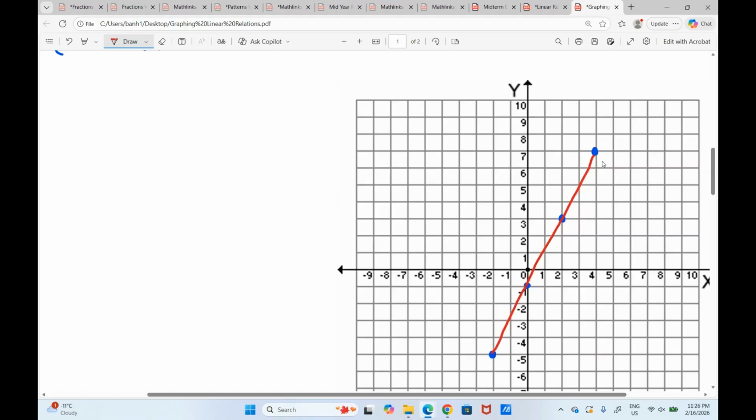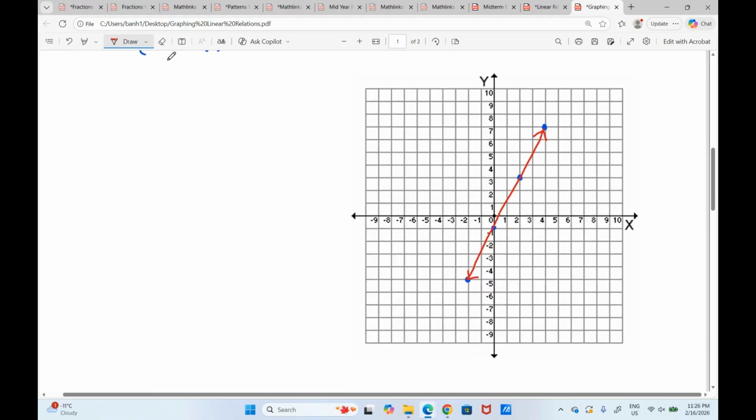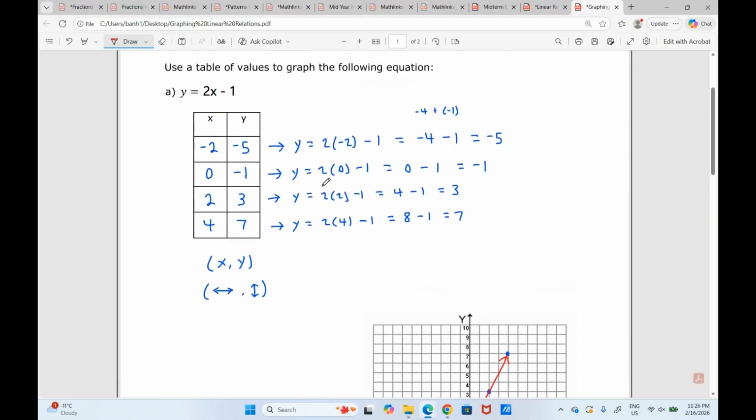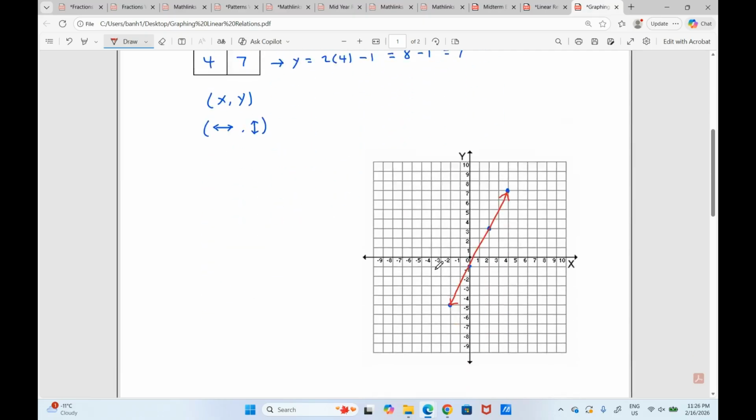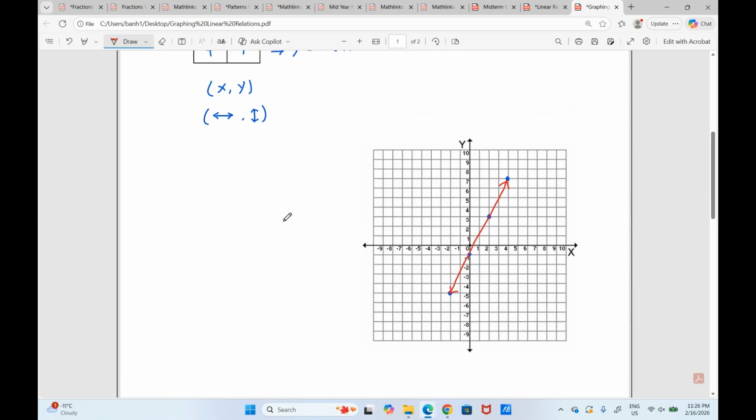Since they go on forever, I'm just going to draw an arrow to indicate that. And now I am finished graphing my question. So I used this table of values and this equation to graph this linear relation onto a Cartesian plane.